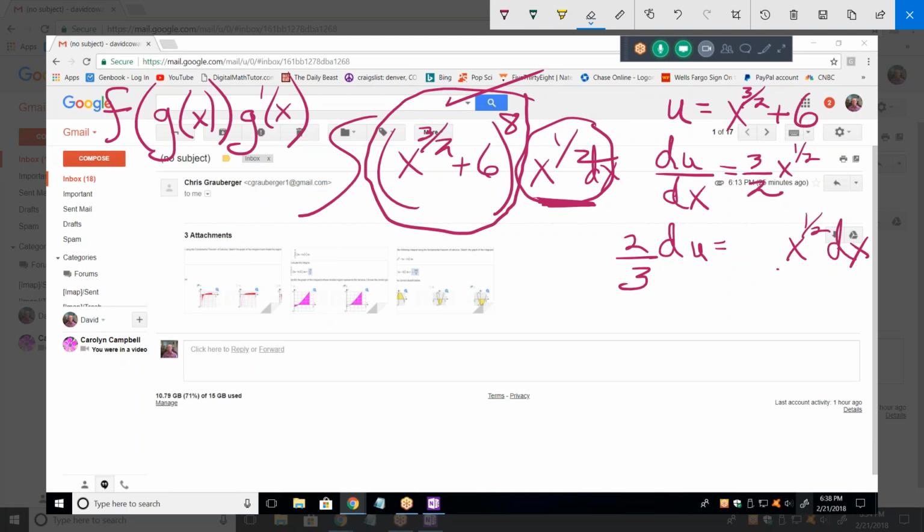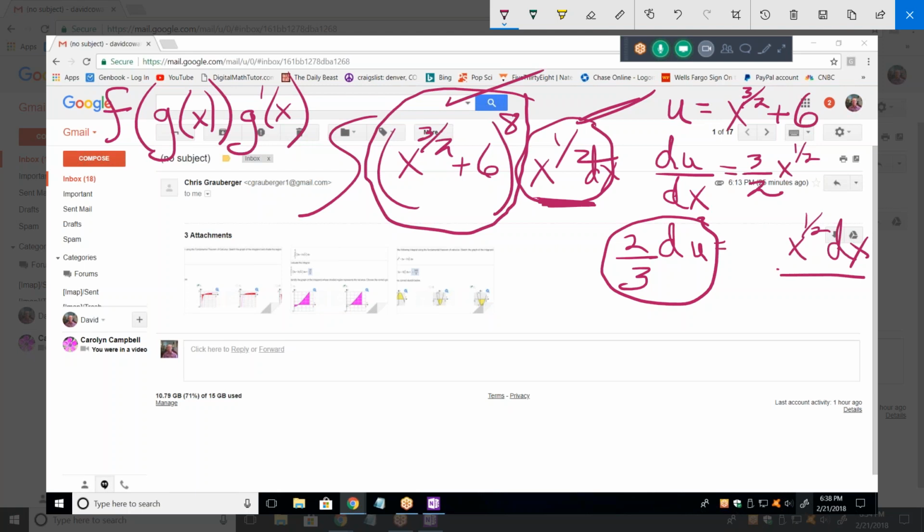Now, instead of solving this for dx like we've been doing, notice we're looking at exactly what we see right there: x to the 1/2 times dx. So I'm taking this part right there and I'm going to substitute 2/3 du for it. You with me? Okay. It's a little easier to do it this way.